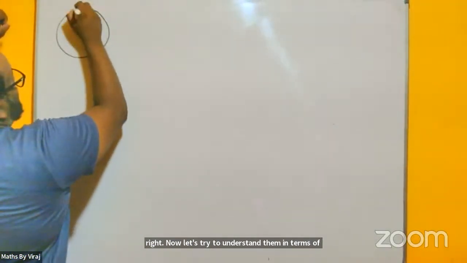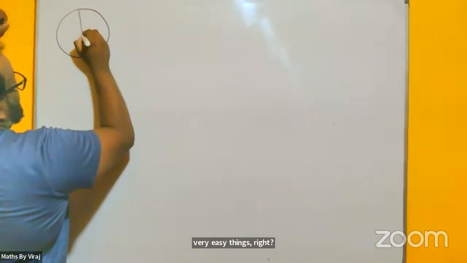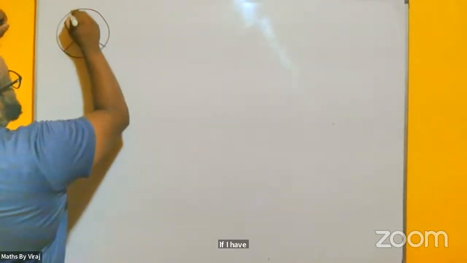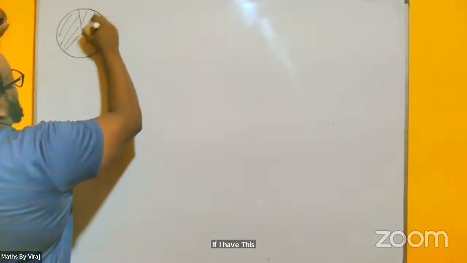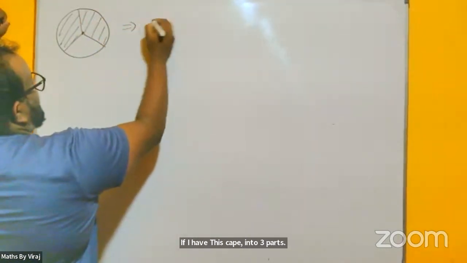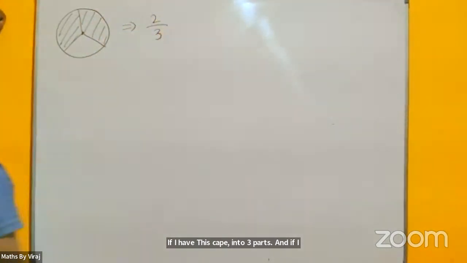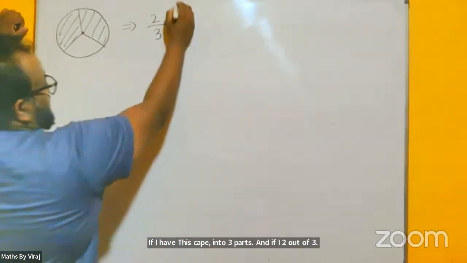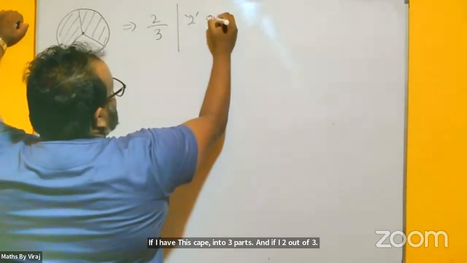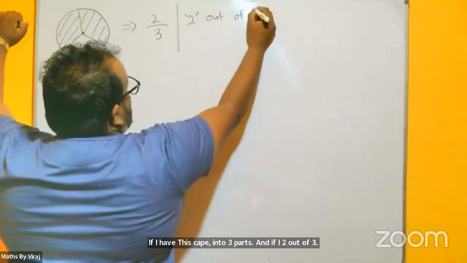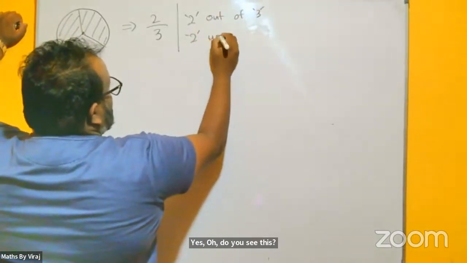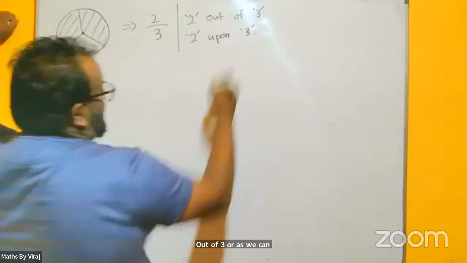If I have this cake cut into 3 parts, and if I eat 2 of these parts, 2 out of 3, how do we say this? 2 out of 3, or as we can also say, 2 upon 3.